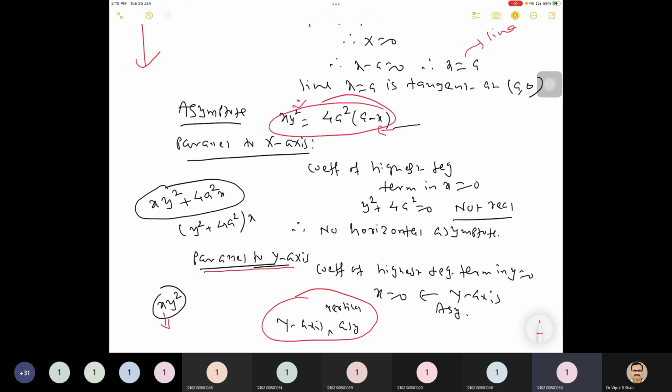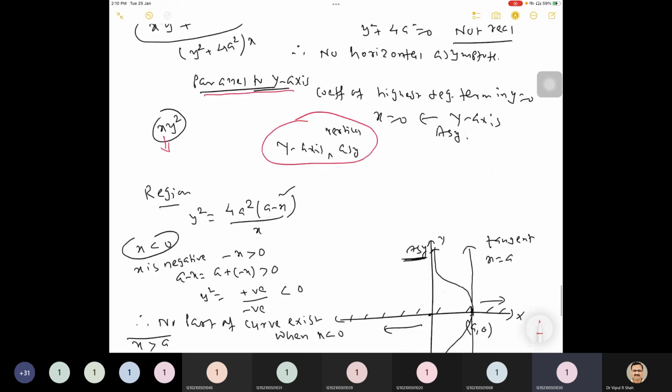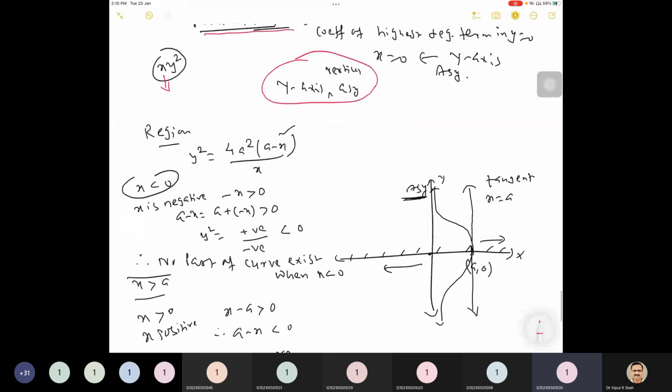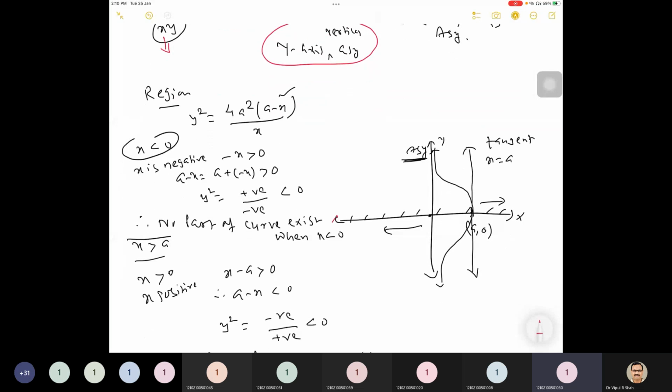Okay. Now we can check the region as well. Let us see. The curve is symmetric about the x-axis, first of all. It does not pass through the origin, but it passes through the point where the x-intercept is A0.